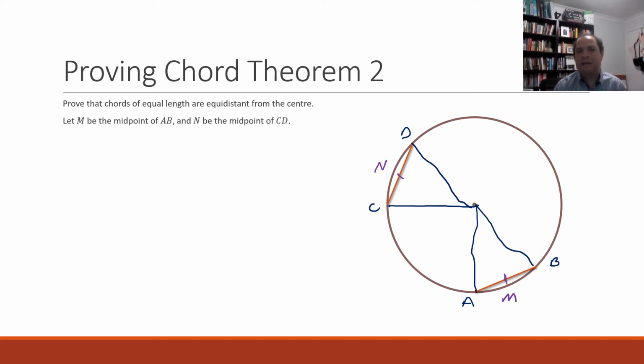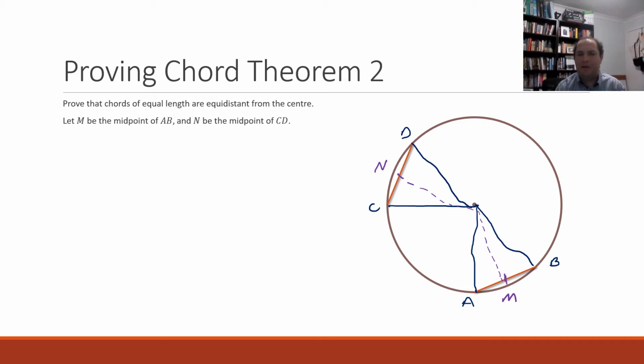Now when we talk about being equidistant, each chord will be the same distance from the center. So what I'm going to do is draw a line from the center to our midpoint. And if our chords are equidistant, then these lengths from the center to the midpoint of each should be the same length, right?